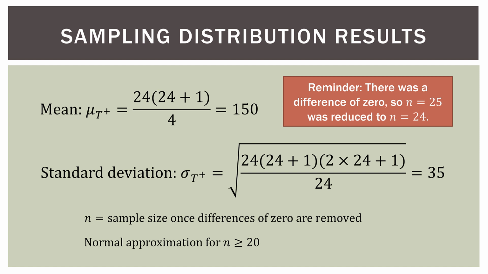So the two components of our z-score are here: the mean of our sampling distribution, mu sub t plus, 150, and the standard deviation. And remember, the 150 represents what we'd expect the mean to be if the ranks were equally distributed between positive and negative.